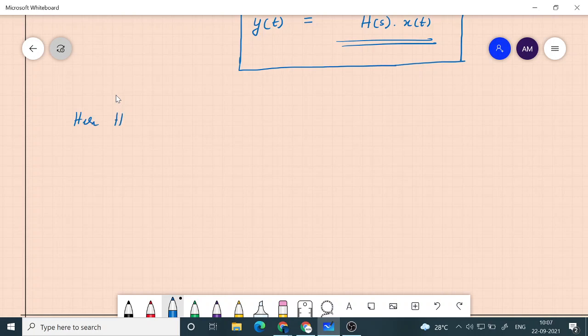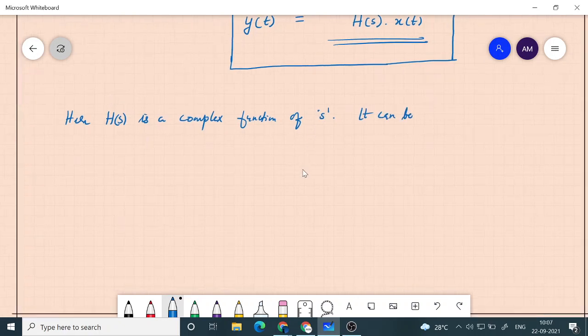Here H of s is a complex function of s, and it can be written in polar form.